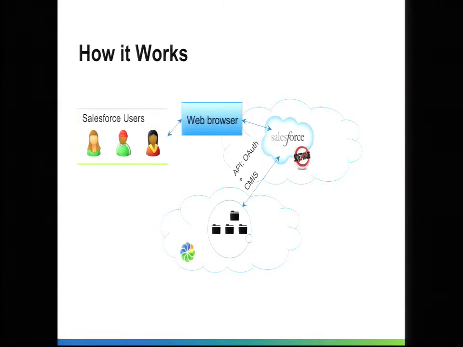And the way it does that is using this OAuth layer for authentication that Jared mentioned. And in order to actually store the documents, look them up, delete them, or update them, we're using the CMIS integration that is built into Alfresco. So that's part of the Alfresco public API.